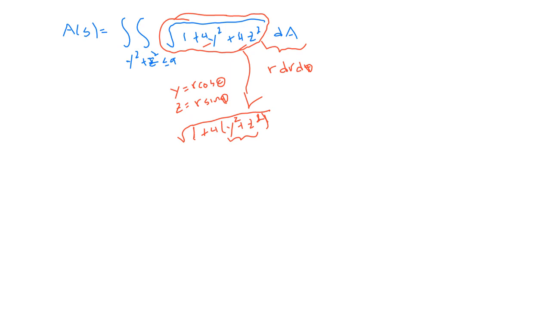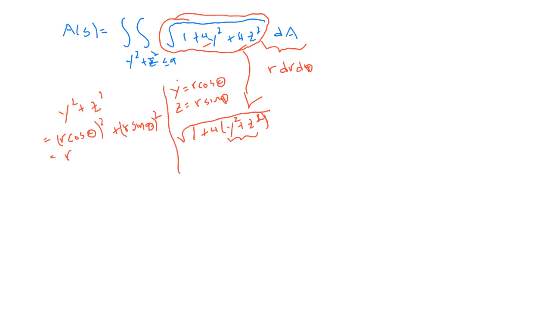Well, in polar coordinates, y squared plus z squared, that's going to be r cosine theta squared plus r sine theta squared.